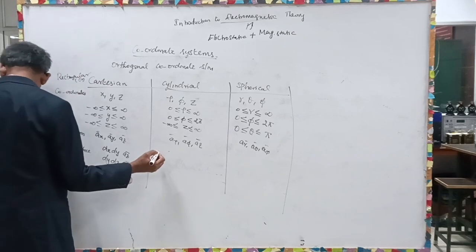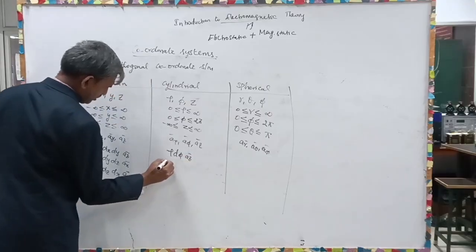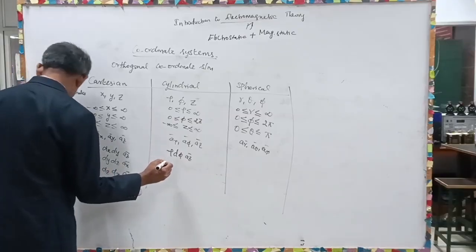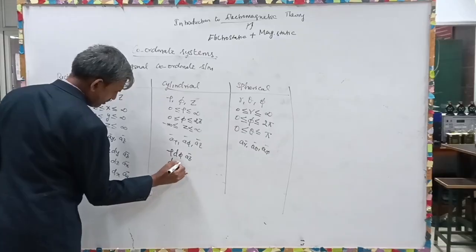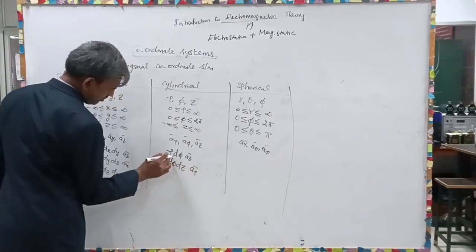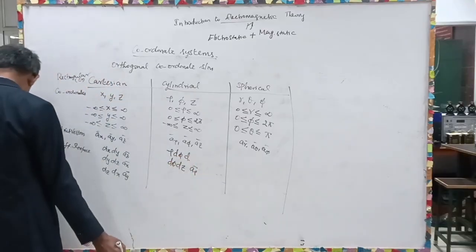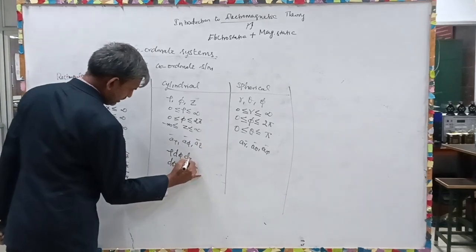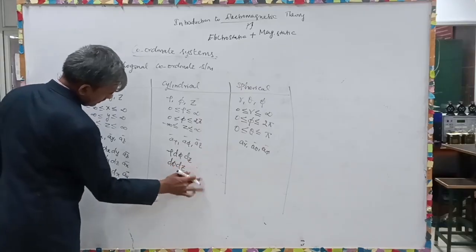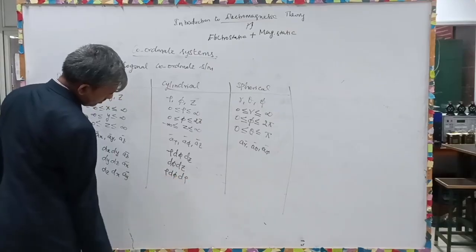For cylindrical system, rho d phi dz along the unit vector a rho, d rho d phi along az, and d rho dz along a phi.